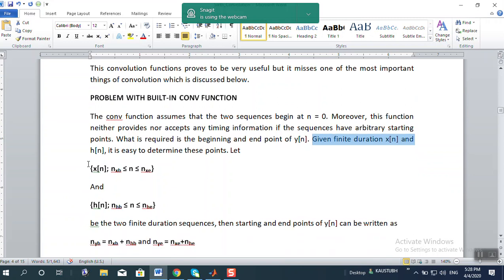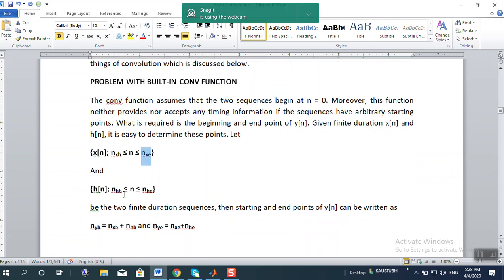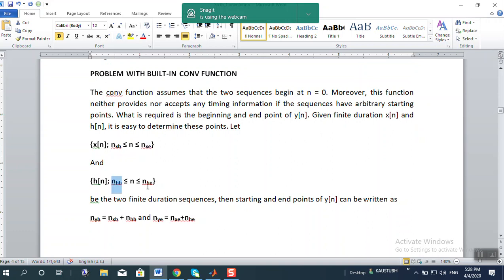For example, x(n) starts at nxb and ends at nxe, and h(n) starts at nhb and ends at nhe. Then the starting point of y will be nyb = nxb + nhb, and the ending point of y, nye, is nxe + nhe.